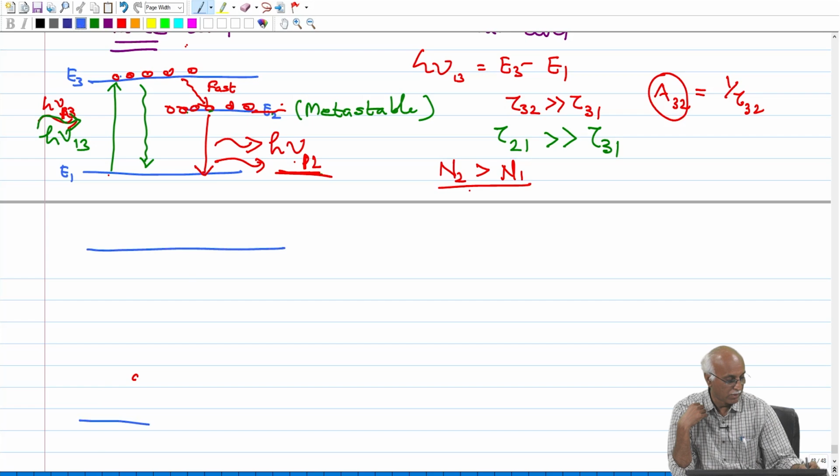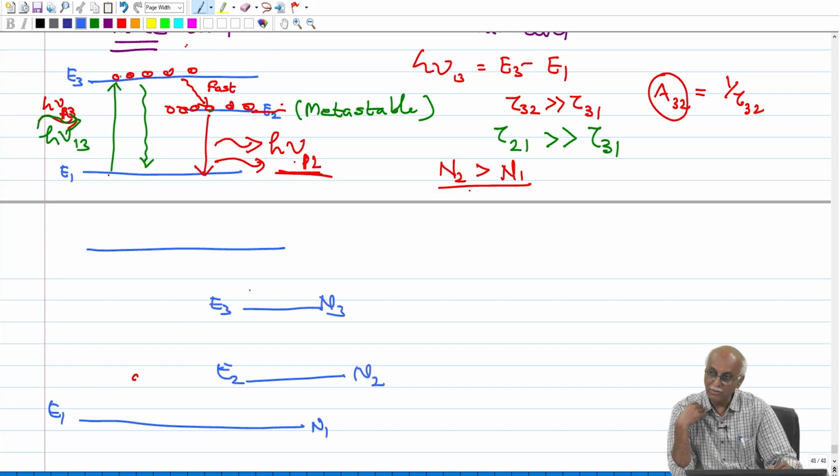So now we will draw four energy levels. This is E1 with population N1, E2 with population N2, E3 with population N3, and E4 with population N4.